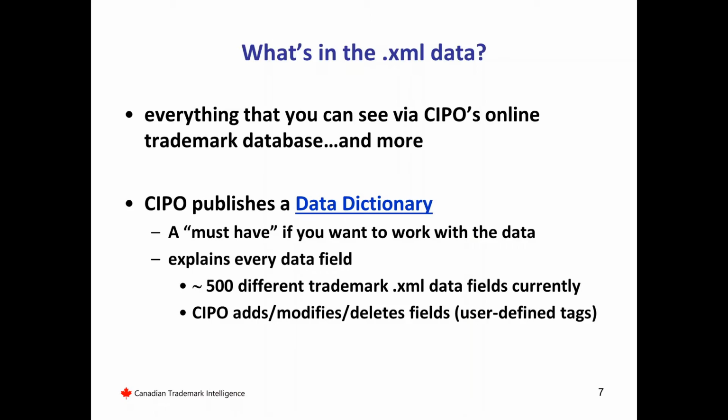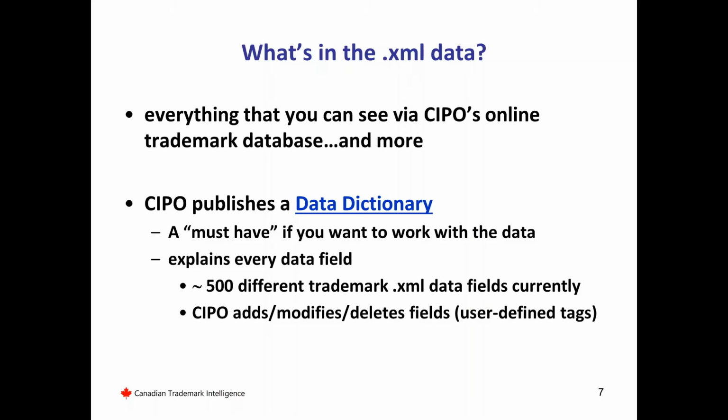At present, CIPO has defined roughly 500 different XML data fields for its trademark data. And CIPO modifies those fields, adds new fields, deletes redundant fields as circumstances require.